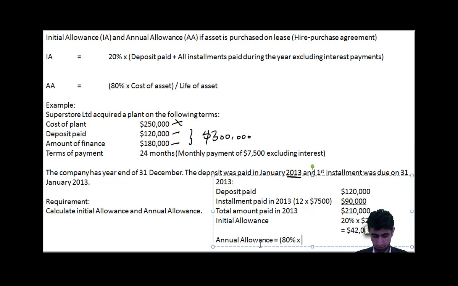So 300,000 times 80% divided by the life of asset. Again, I'm going to assume here that life of asset is 10 years. So that will give us a total figure of annual allowance, 300,000 times 80% over 10 is 24,000 per year. So that's your initial allowance 42,000 and annual allowance 24,000 per year. So that's how you calculate the initial and annual allowance if the asset is purchased on hire purchase agreement.